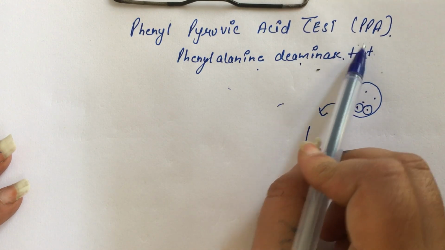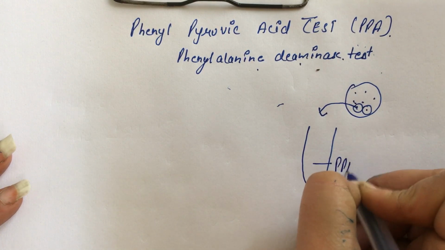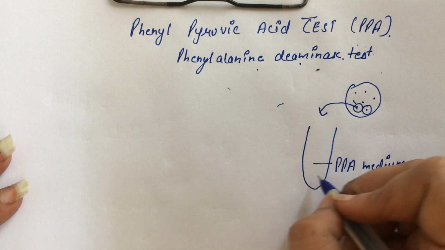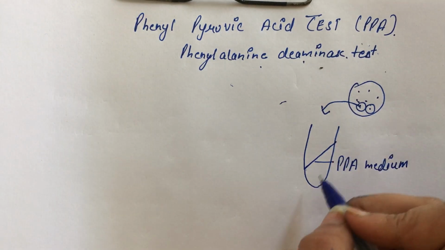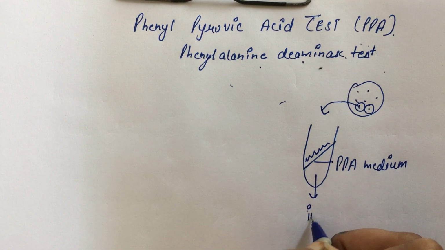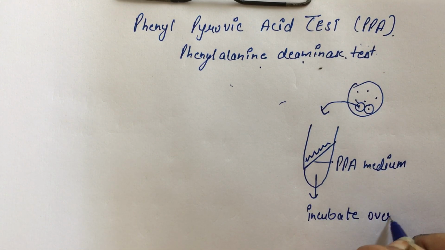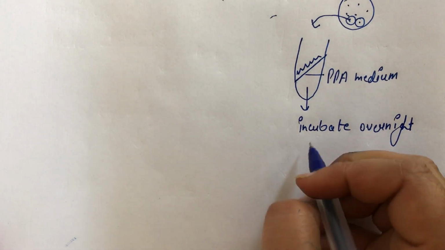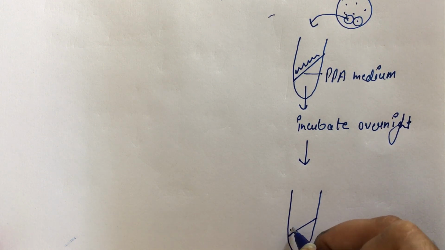We streak our colony onto this PPA medium, then incubate it overnight. After incubation, there would be growth on the PPA medium.